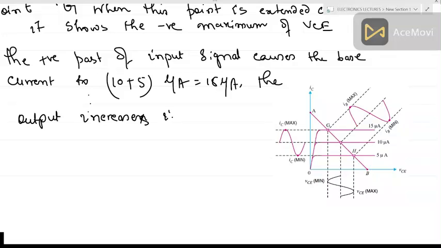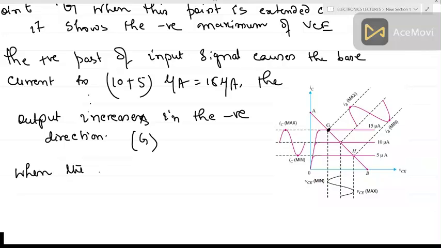The output increases in the negative direction, and this is reflected by the point G in the figure.